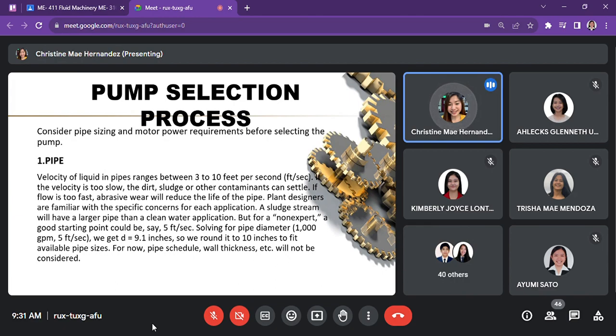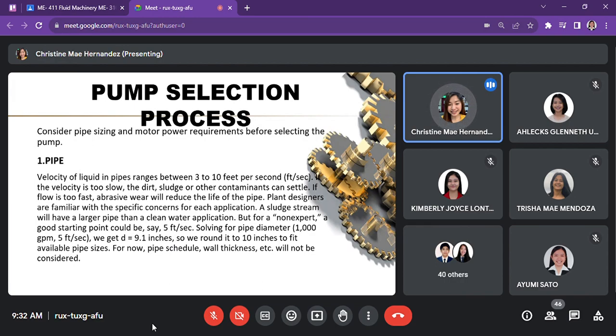Say the flow rate is given. The customer will tell you, I want my pump to have this flow rate, for example, 5 meters per second or 10, 3 to 10 feet per second. So, that is the example. Now compute: Q is equal to area times velocity. Then my velocity should be 5 feet per second.